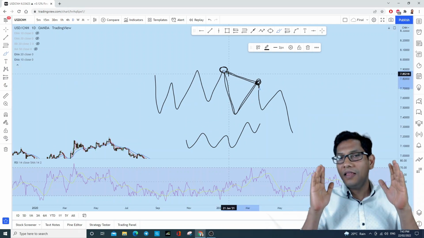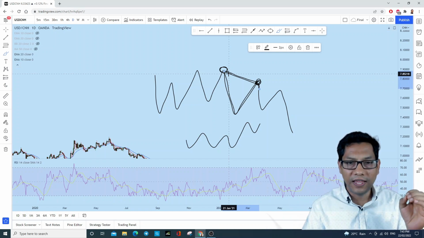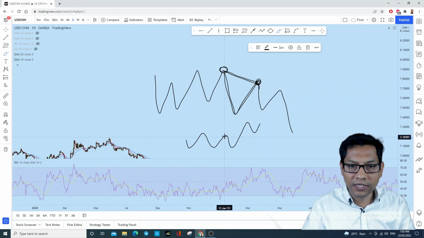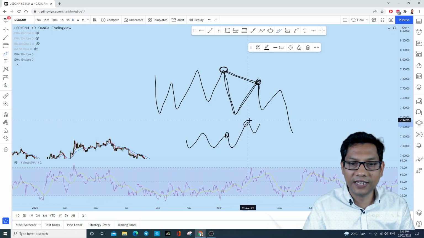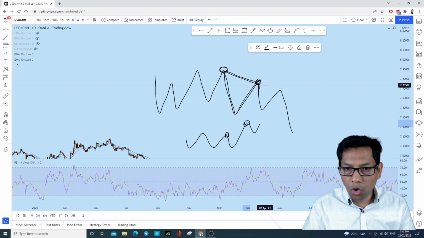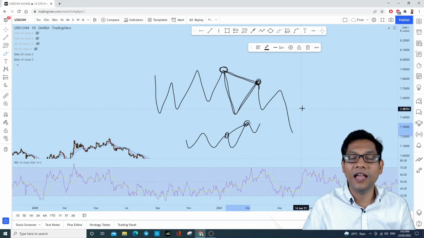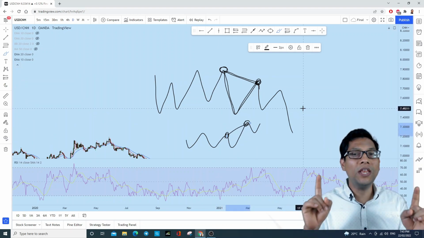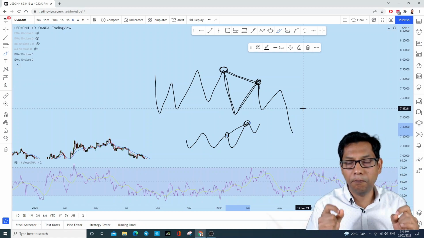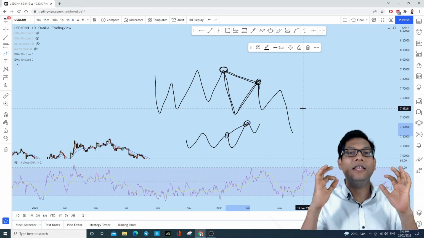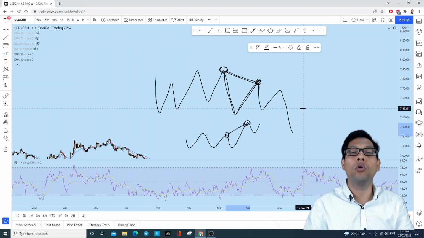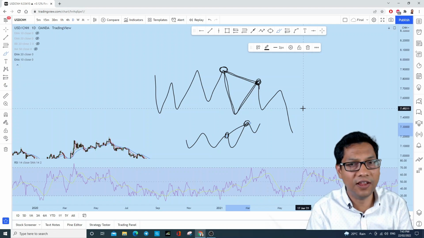But in the RSI chart, if this point is the top, what you saw is that RSI has created, instead of a lower high, a higher high. So when you see a disagreement between the chart and the indicator, that is called RSI divergence.